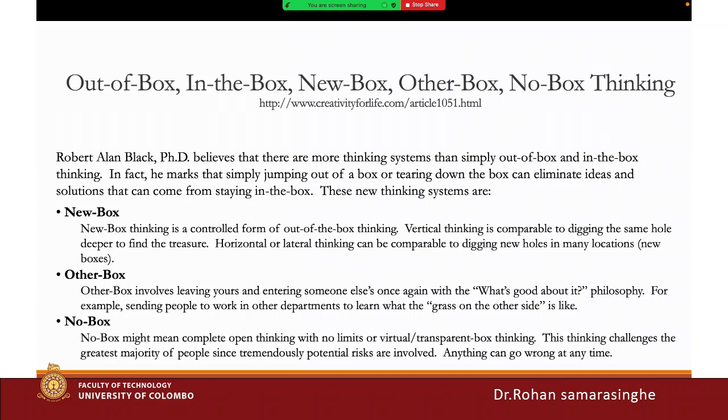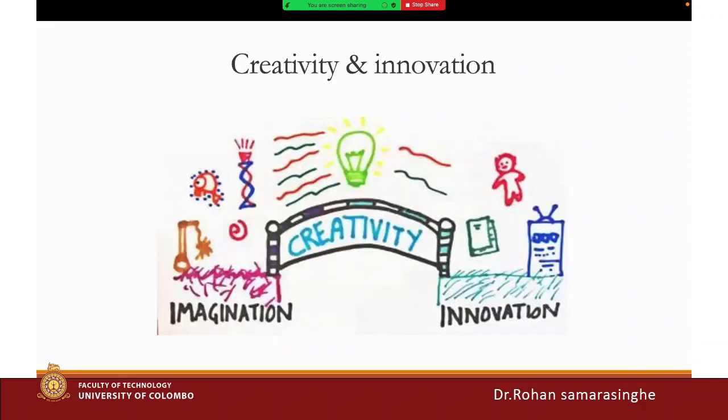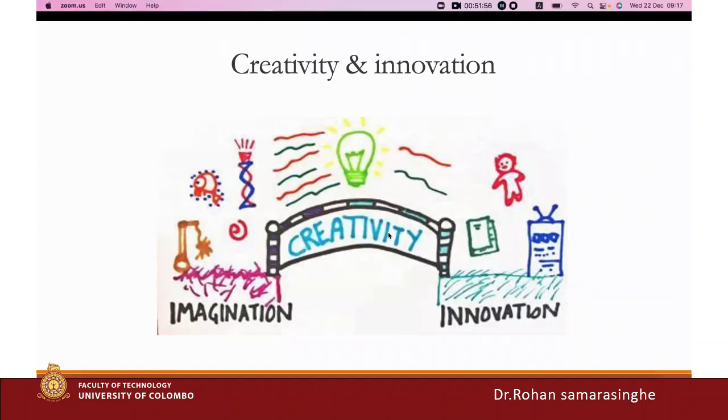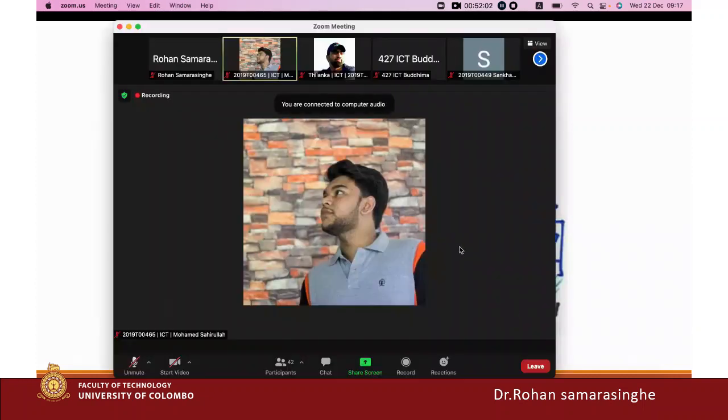This thinking challenges the greatest majority of people, since tremendous potential risks are involved. Anything can go wrong at that time. So, simply explained, creativity and innovation, actually imagination and innovation.